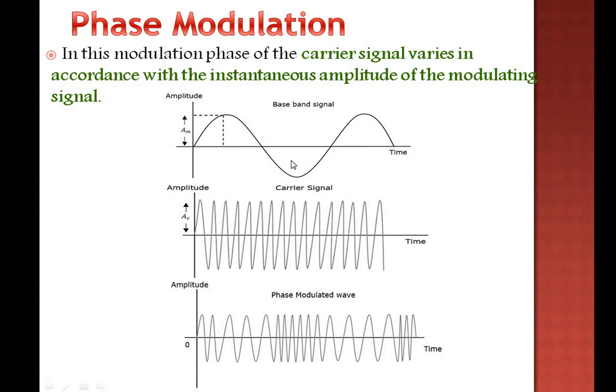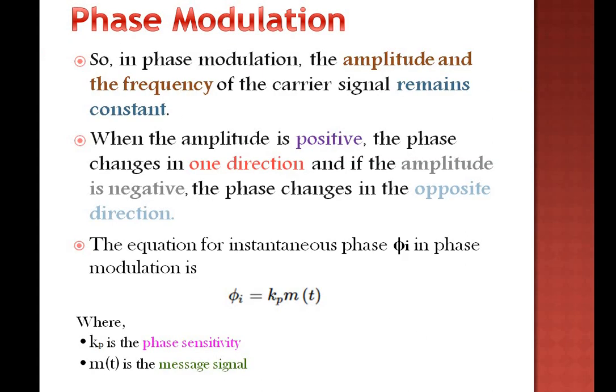Whenever your amplitude is negative or minimum, going to the lower side, your phase will change in the negative direction. This is how the phase of your carrier signal changes in accordance with the amplitude of your message signal.